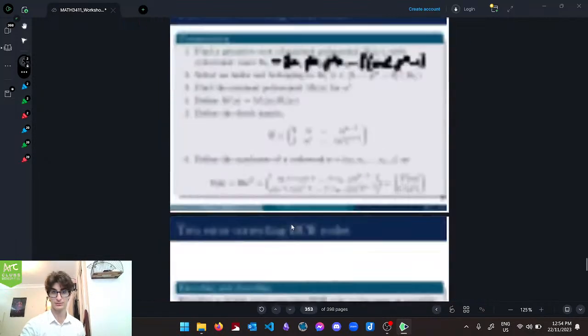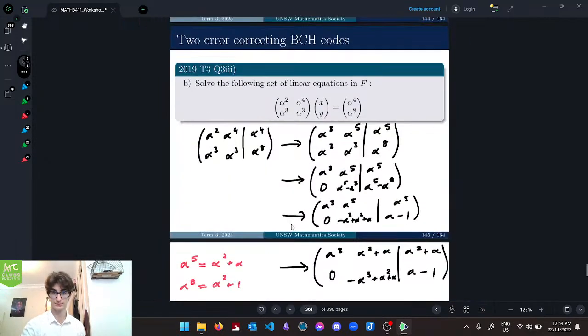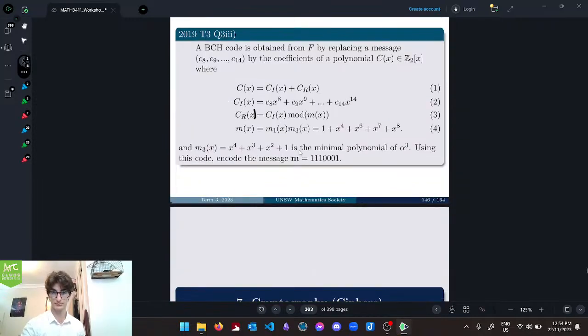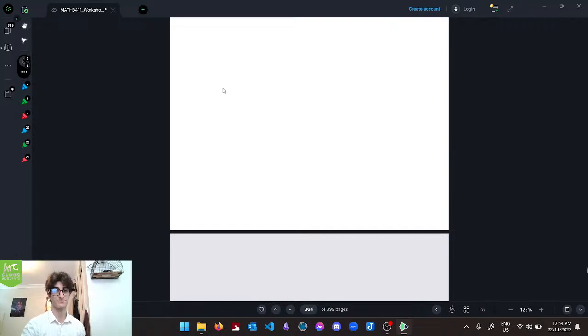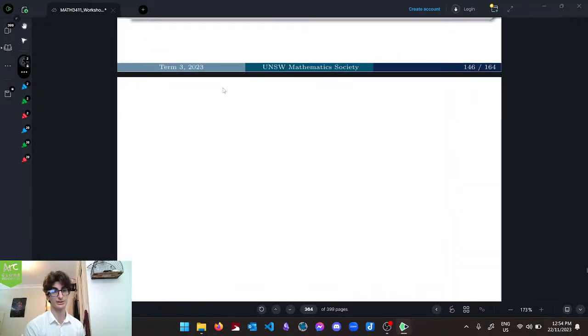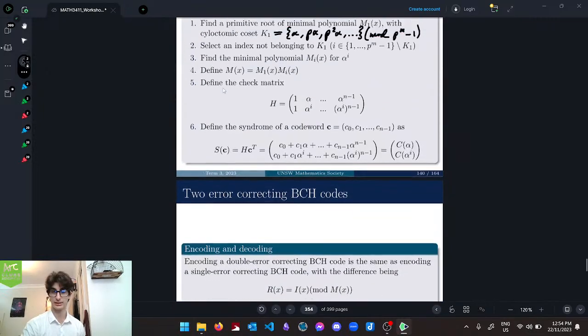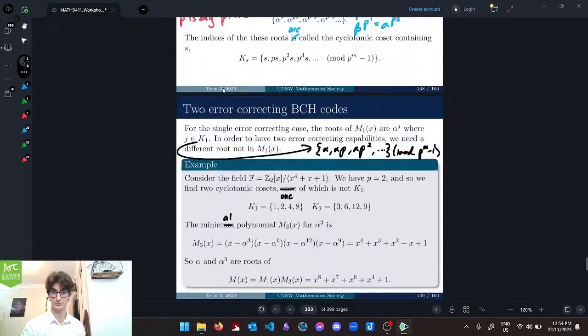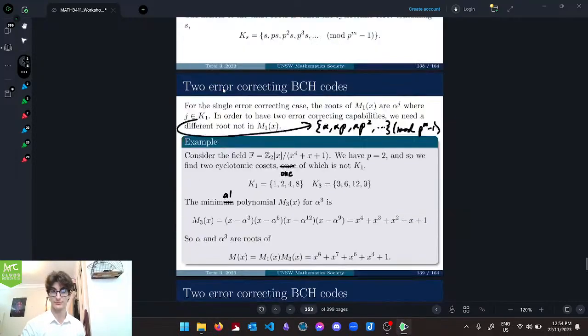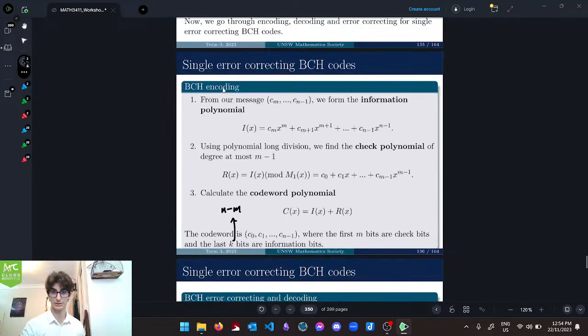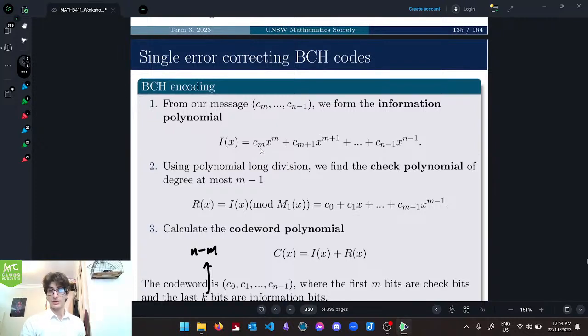So we go down to our question. Let's insert a page. So first step, we construct our information polynomial, which was defined as cm x to the m, cm plus 1, x to the m plus 1, all the way through.